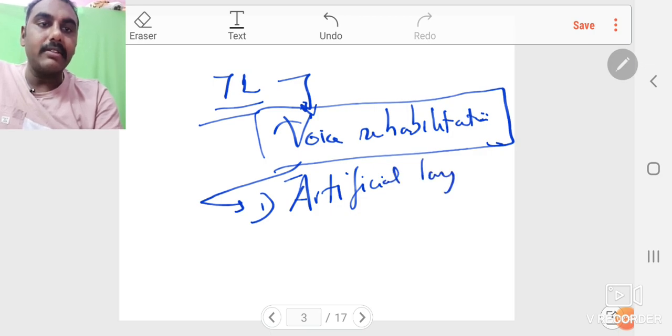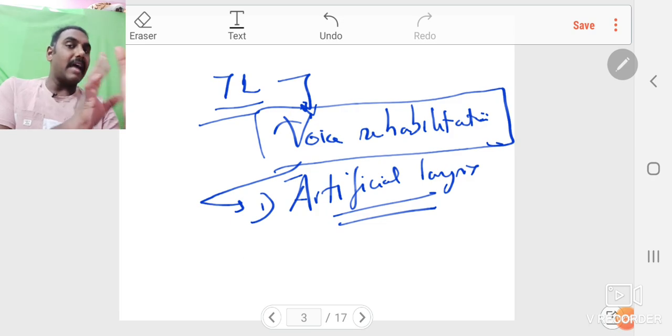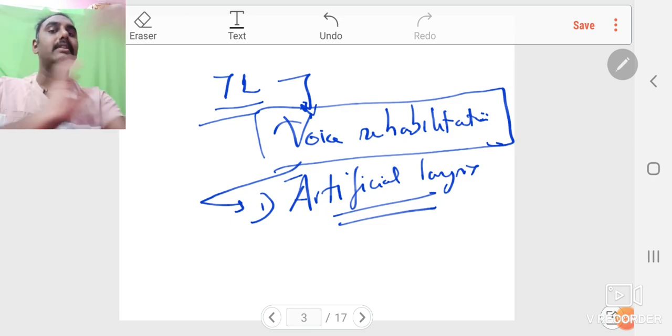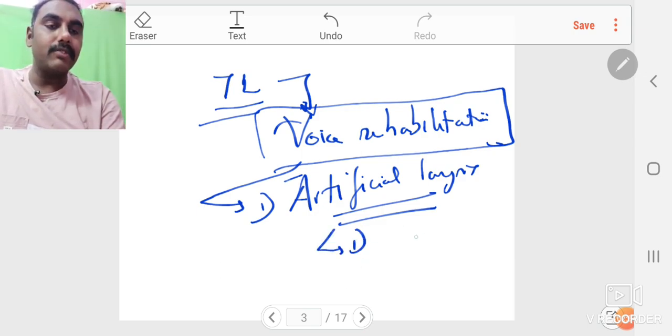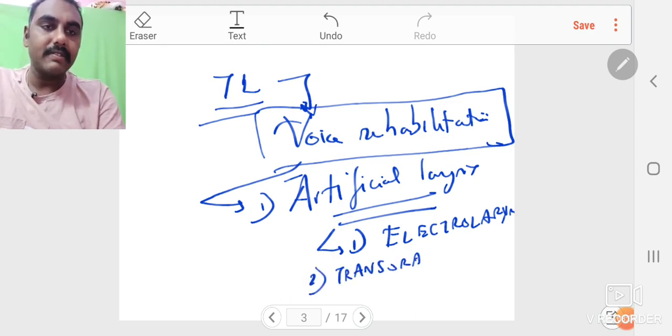Artificial larynx indicates the patient does not have a larynx, so we are artificially giving him an instrument that can replace the normal larynx. It is of two types: either an electrolarynx or a transoral pneumatic device.